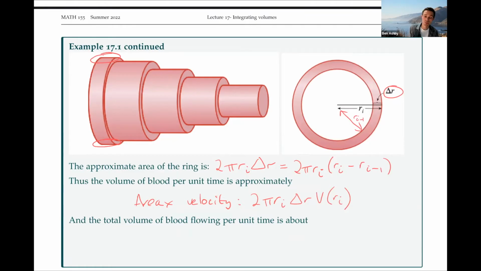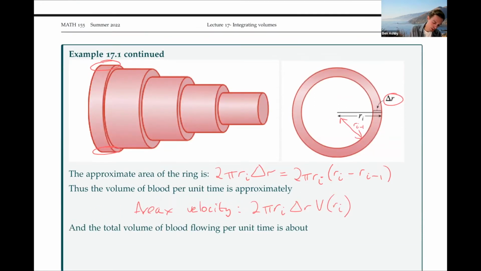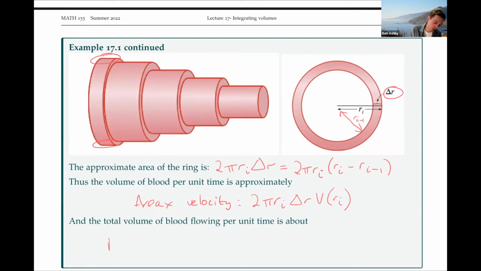We want to know the volume of blood flowing through the whole blood vessel, so we need to take the total flux, the total amount of blood flowing through. We're going to sum over all possible rings. If we divide this up into n different rings, we sum over these n rings, 2 pi Ri times v of Ri times delta r.